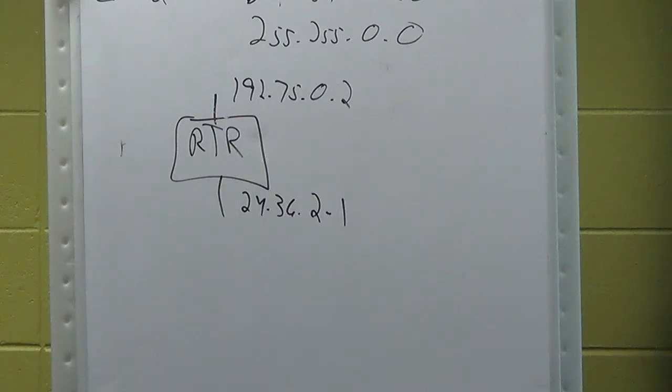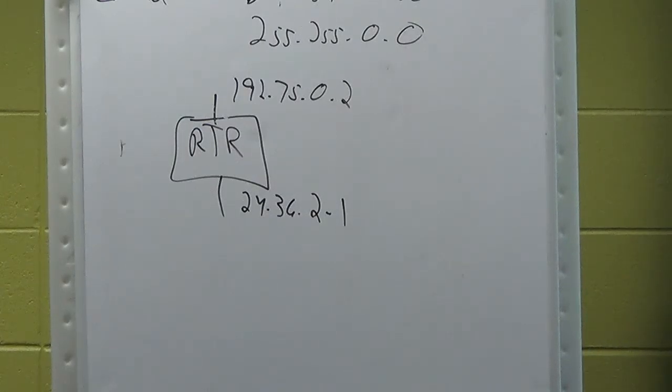Now what? All right, the subnet mask would be 255.255.0.0. What's a gateway? 192.75.0.0?